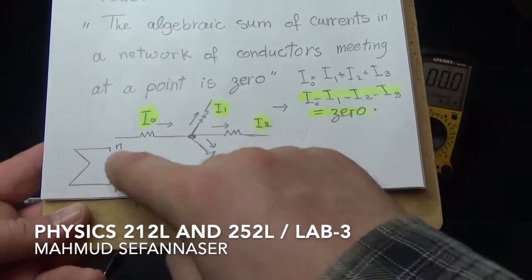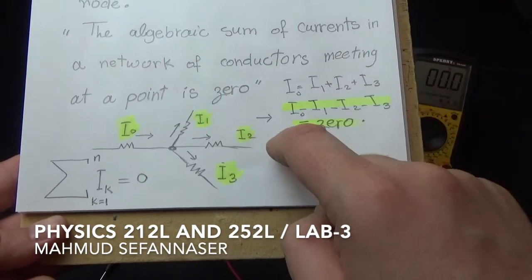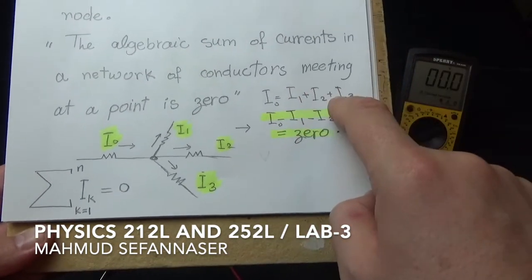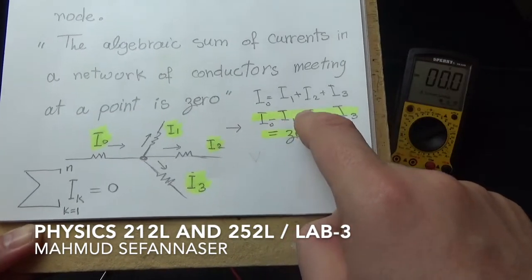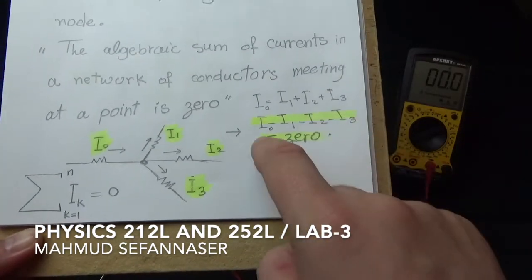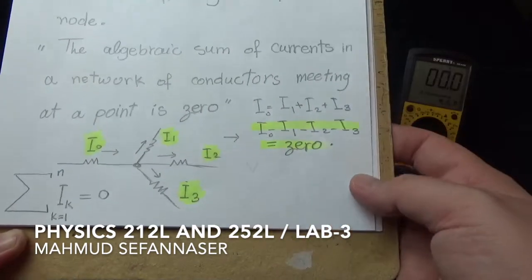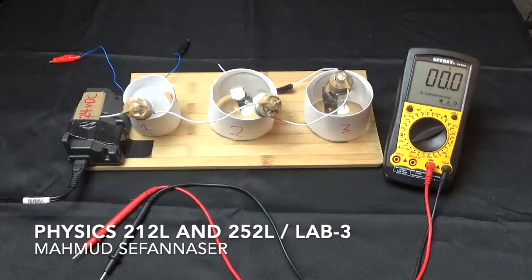So when we apply Kirchhoff's first law, we will notice that I0 is equal to I1 plus I2 plus I3, and I0 minus I1 minus I2 minus I3 is equal to 0. So this is actually Kirchhoff's first law.